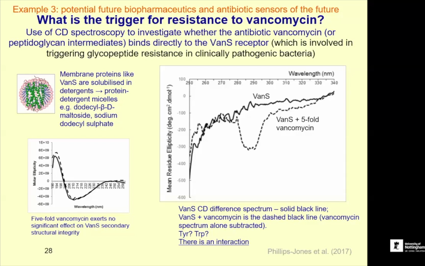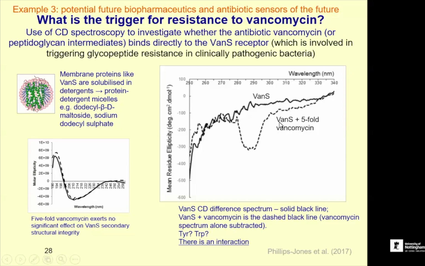So we get that spectrum, the protein and the vancomycin, and we take away the spectrum for the vancomycin alone. And hence, we take out of the results any contribution by vancomycin, salt, buffer, the solvent for the vancomycin, all the other components that are in there. So look out for difference spectra when you're evaluating research papers.